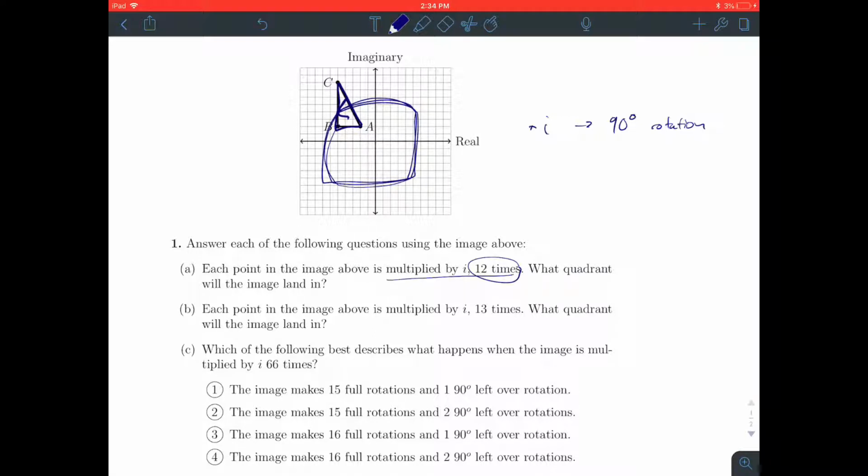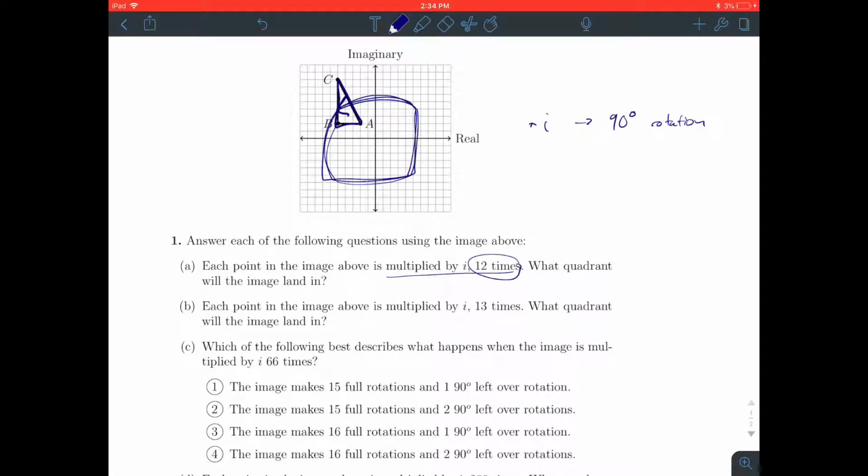Instead of counting these individually, you can think about, well, if multiplying by i once is a 90-degree rotation, and you multiply by i 4 times, 1, 2, 3, 4, that's going to be a 360-degree full rotation.